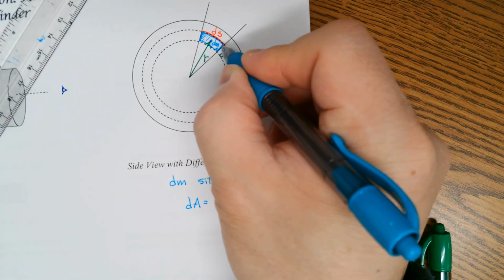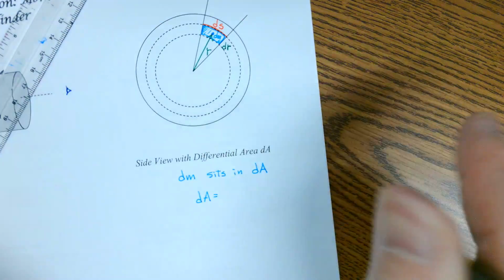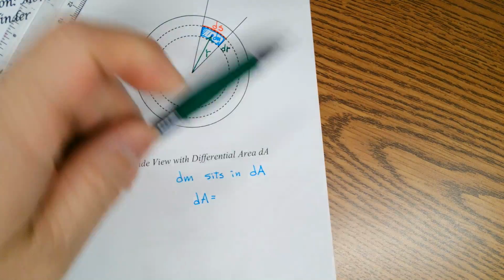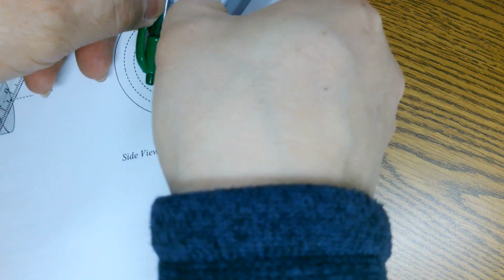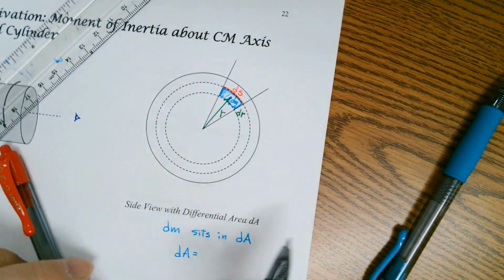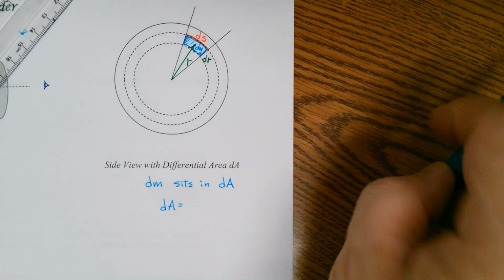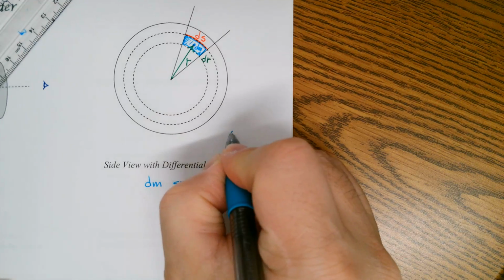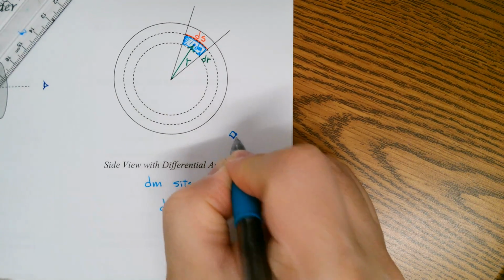times the height dr. So if this thing was not as wide, and it's really closed up, you're looking at this as a very small square, I guess. My ds is so small that it's almost flat.